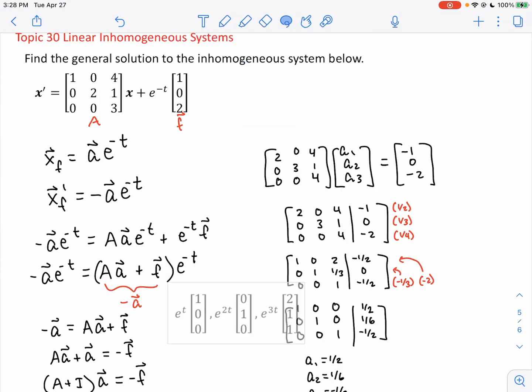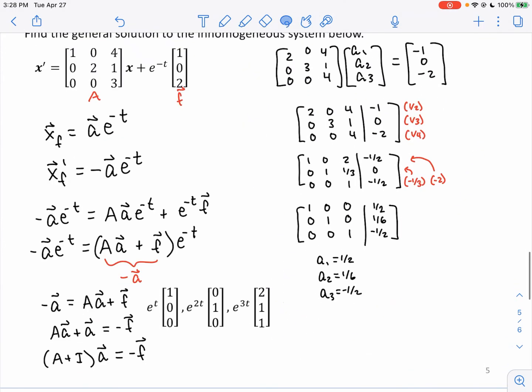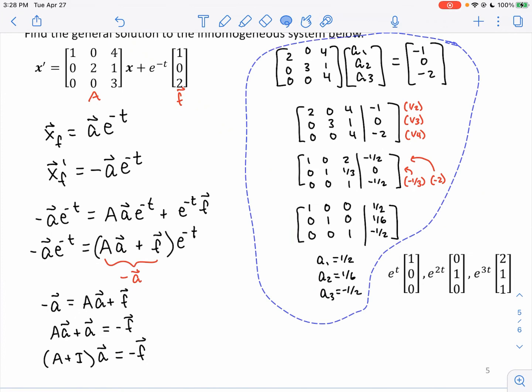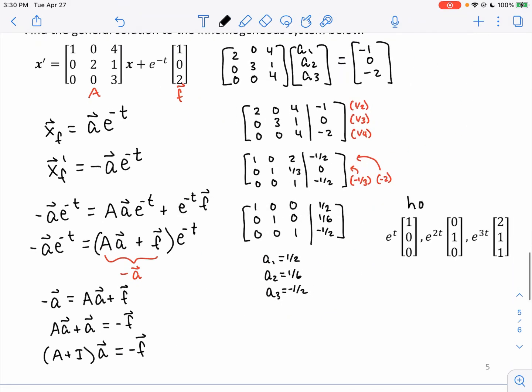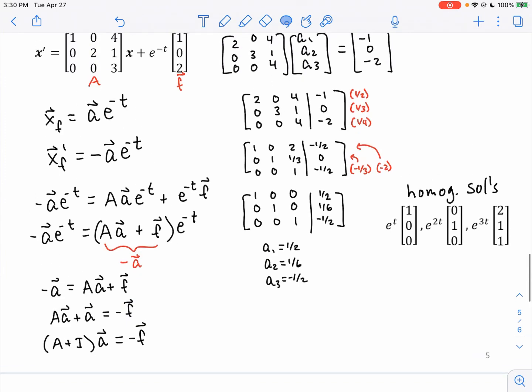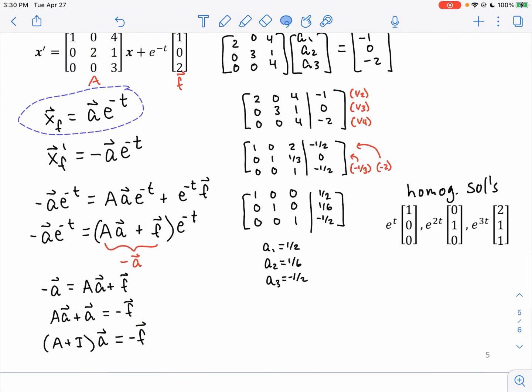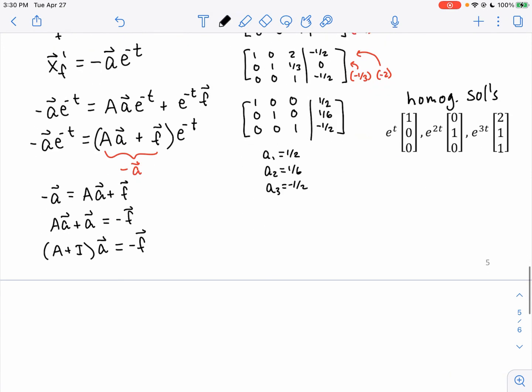Okay, so let's continue to move some things around here. Let's move that work up here. All right, so these 3 here were from the homogeneous. They're the homogeneous solutions. And we've now determined our particular solution is this vector here, where A is these components. And so we are prepared now to construct a general solution for the inhomogeneous.